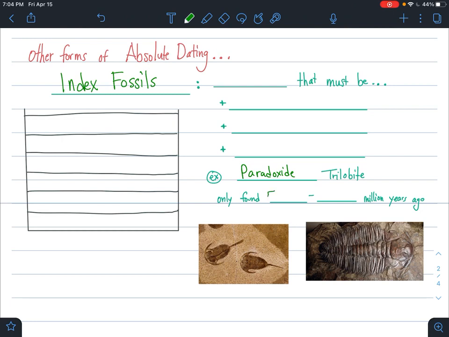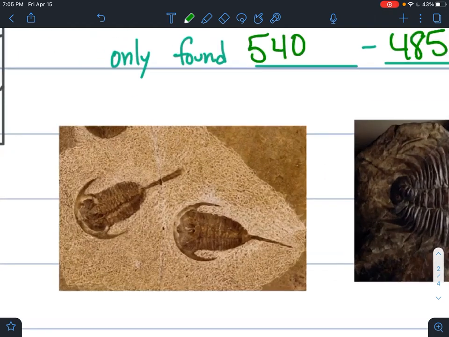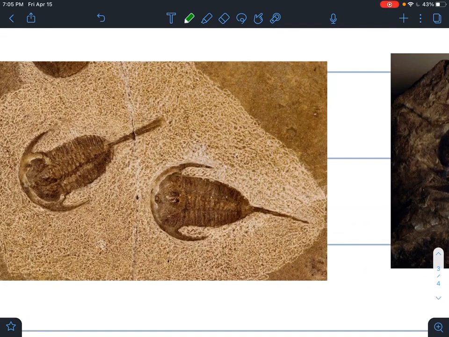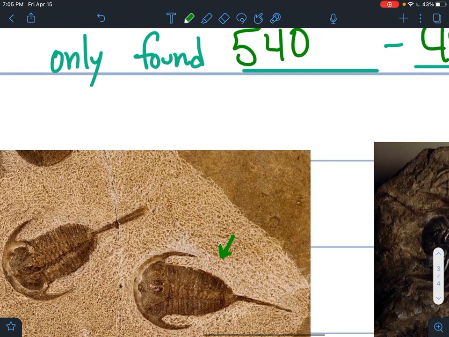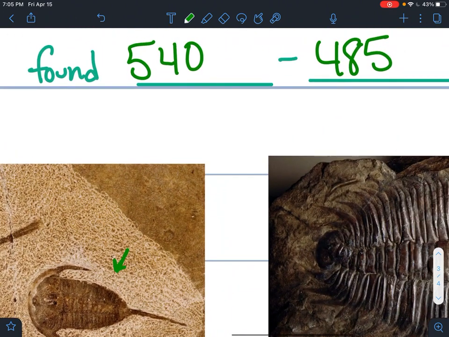These were only found from about 540 to 485 million years ago. So anytime we find one of these fossils in a rock layer, we can deduce that the rock layer formed between 540 and 485 million years ago, because it has that fossil within it.